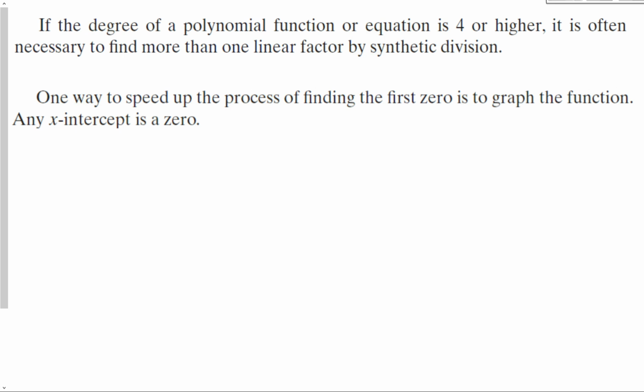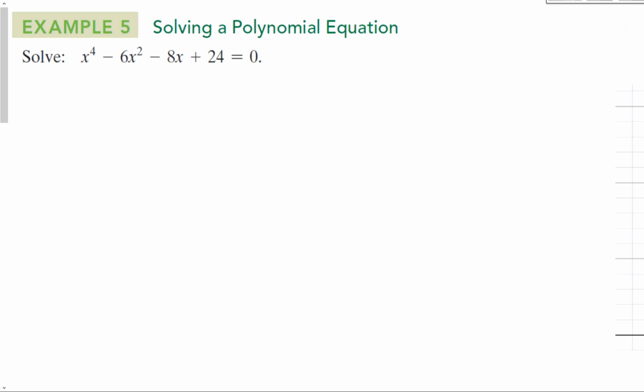If the degree of a polynomial equation is 4 or higher, it's often necessary to find more than one linear factor by synthetic division. You can speed this up if you happen to have access to a graphing utility. So when I look at this function right here, I could realize that the possible rational zeros are going to be all the factors of 24 divided by all the factors of 1.